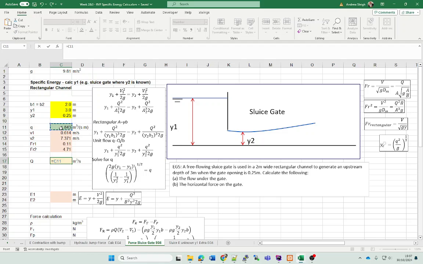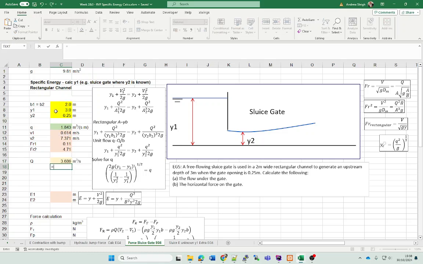Q, not like Q. We'll do area times velocity. So y1 times b times velocity 1, 3.96.